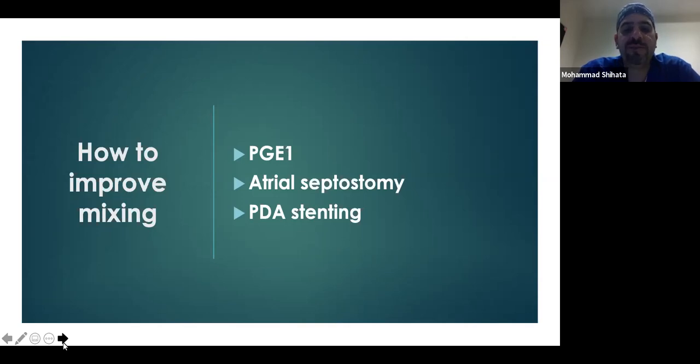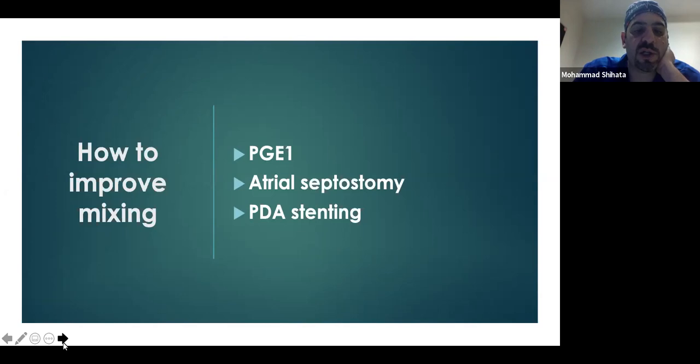PDA stenting is a relatively newer concept in TGA. Not only does it improve mixing, but it also subjects the future systemic ventricle to higher pressure, meaning that it can be used if the anatomical repair is expected to be delayed to protect the left ventricle from quick deconditioning.